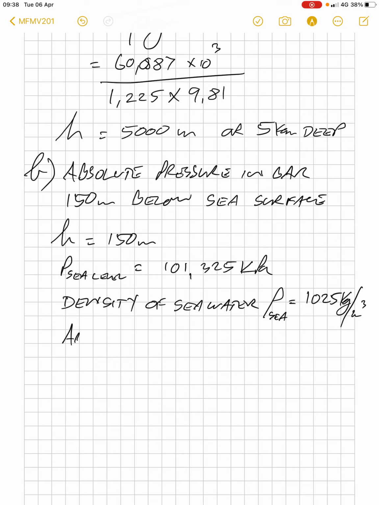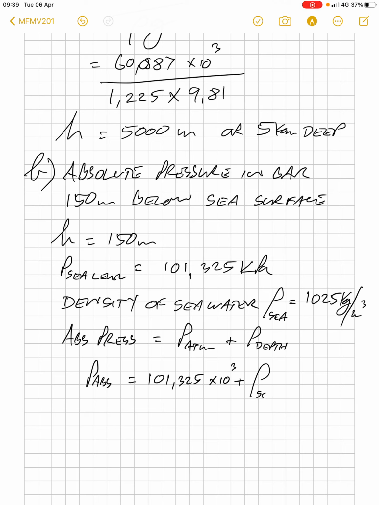So absolute pressure is equal to the atmospheric pressure plus the pressure at the depth of 150 meters. So that would be 101.325 times 10 to the 3 plus rho g h.